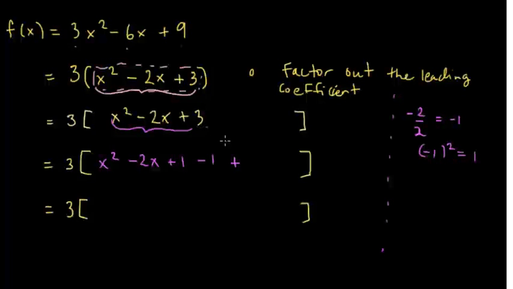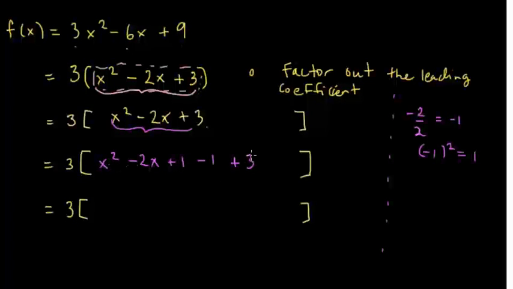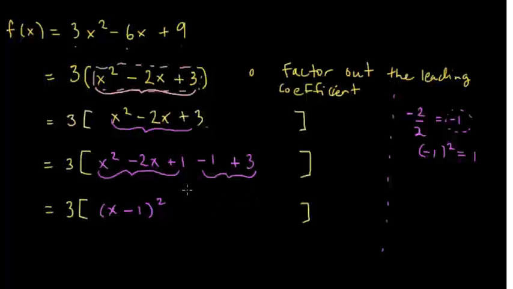And I'm not going to forget to add this positive 3. Well, if I'm just completing the square on the inside, the next step is to recognize that that's a perfect square. That's x minus 1 quantity squared, where the minus 1 came from here. And when I combine these two, I have a positive 2.